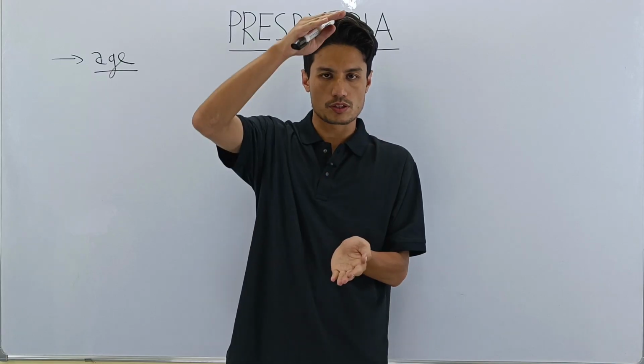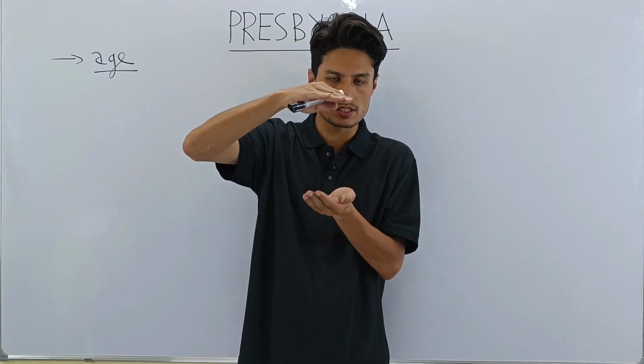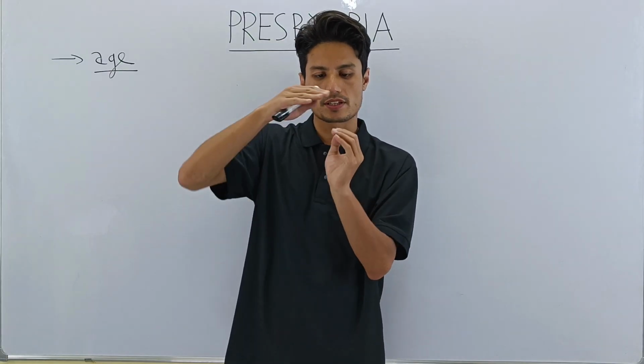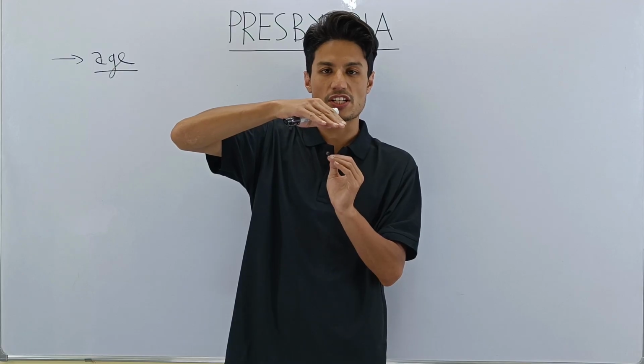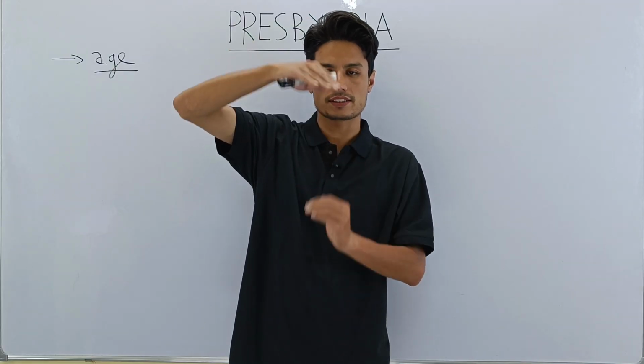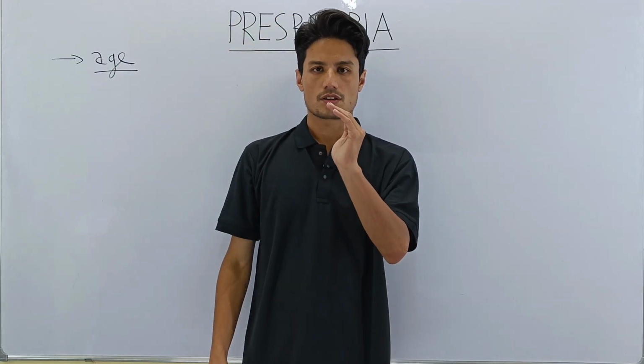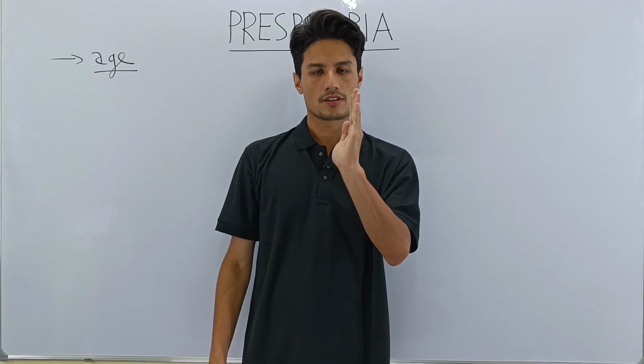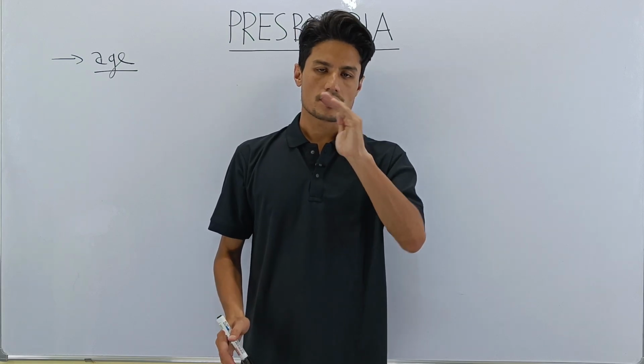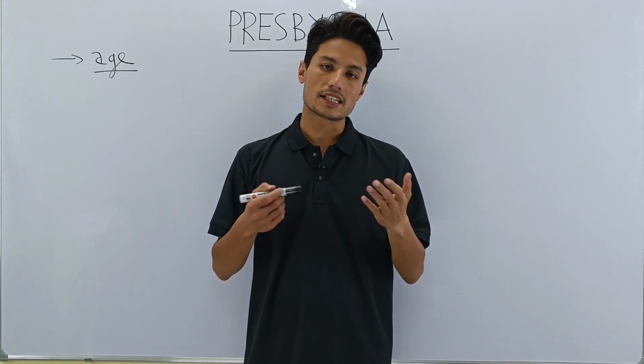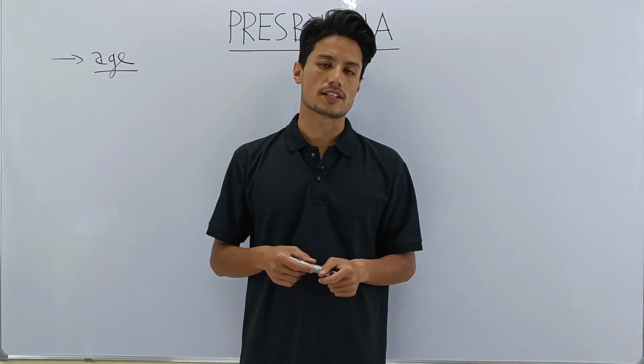When the ciliary muscles compress the lens, the curvature increases. When the ciliary muscles release their tension, when they become relaxed, then the curvature will decrease. So this flexibility of the eye lens decreases with aging.